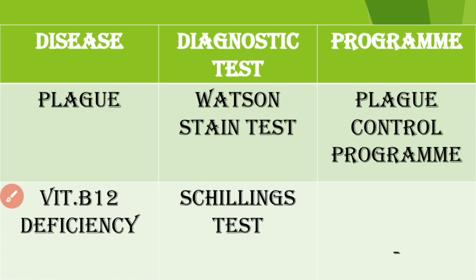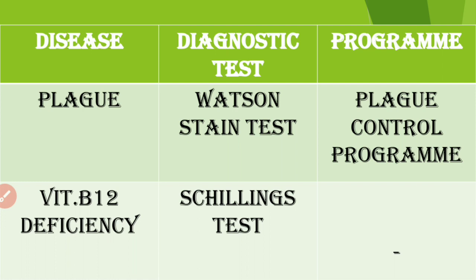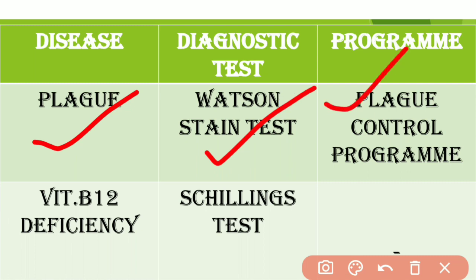So these are all of the tests. Next disease is plague, and the diagnostic test performed for plague is the Wayson stain test, and the program which controls plague is the plague control program.